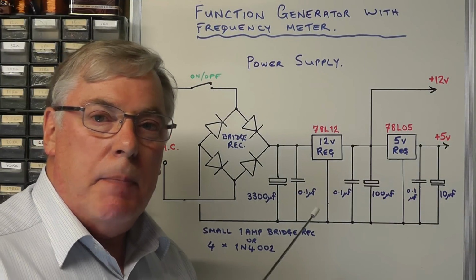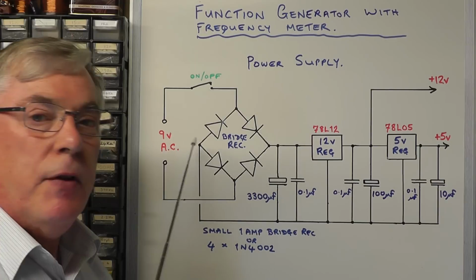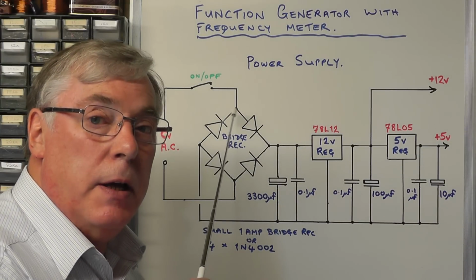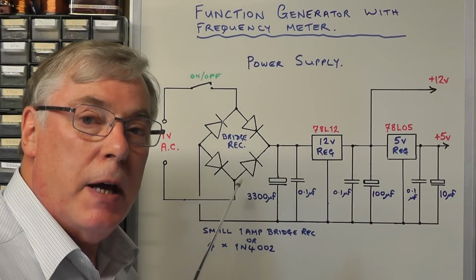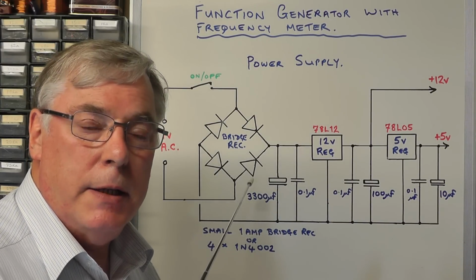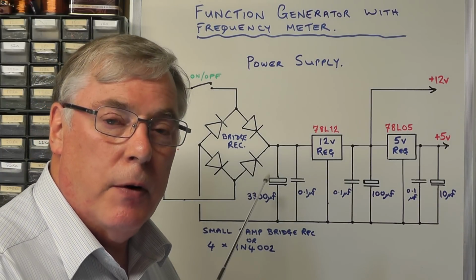Right, here we have the power supply, which is quite straightforward really. We have the 9 volt AC coming in, going through a simple on-off switch and feeding a bridge rectifier, which can either be a small bridge rectifier of about 1 amp rating, or you can use 4 separate diodes such as the 1N4002.